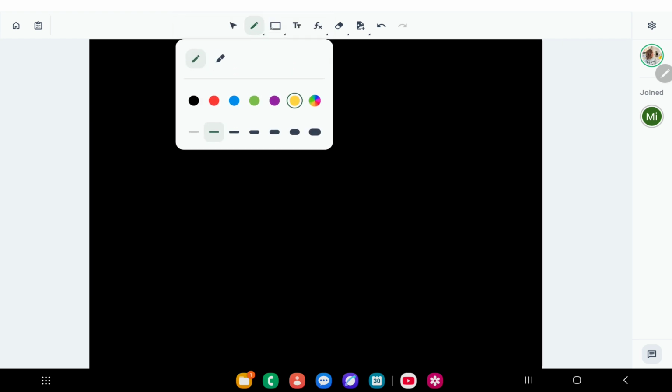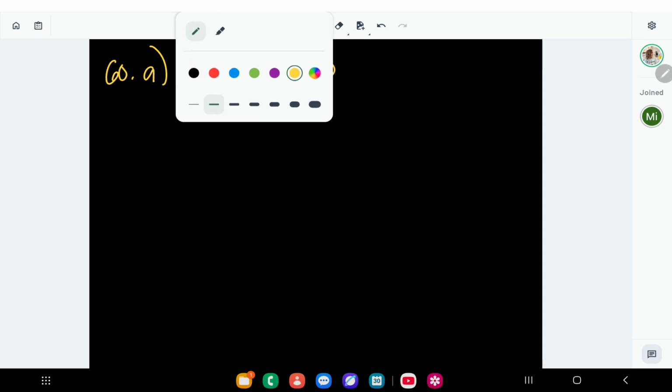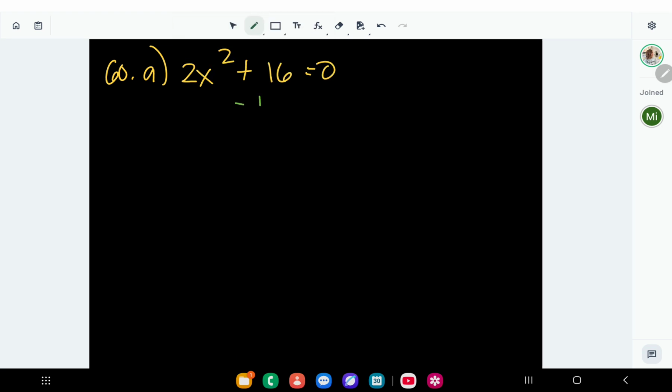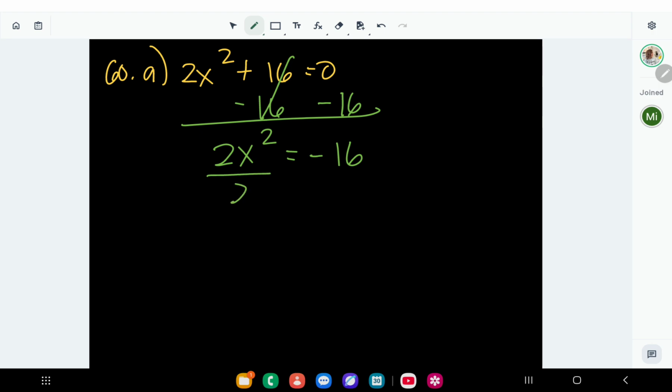Okay, number 60. 60a. So that is 2x squared plus 16 equals 0. We subtract 16 from both sides. Then we're left with 2x squared equals negative 16. And then we divide both sides by 2. And we have x squared equals negative 8, right?